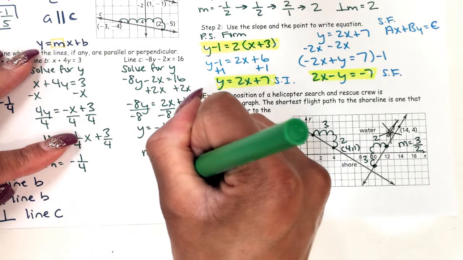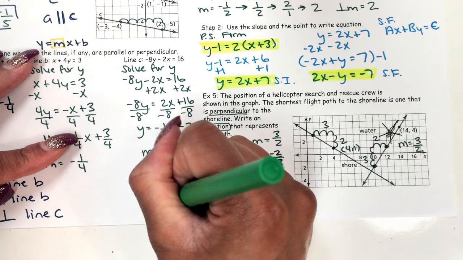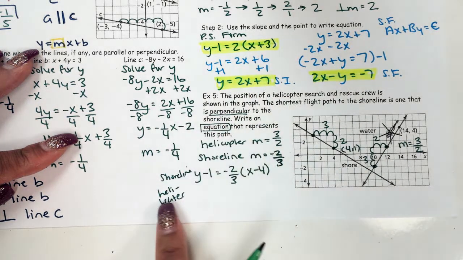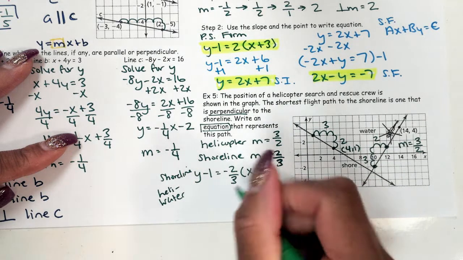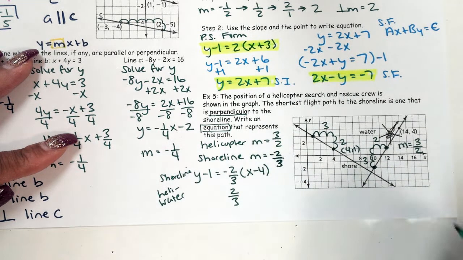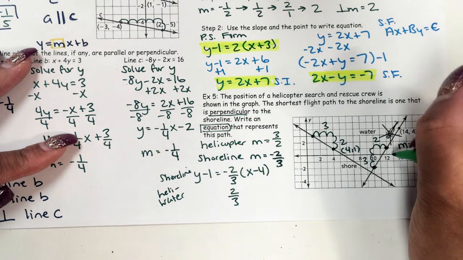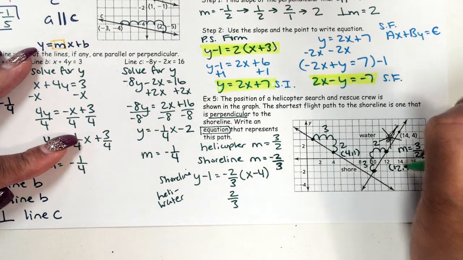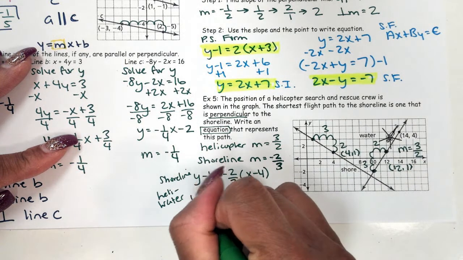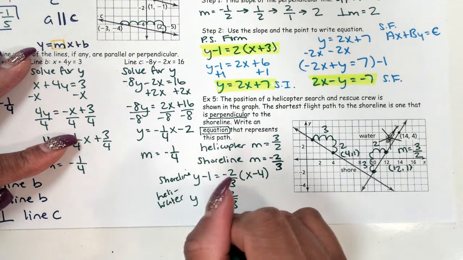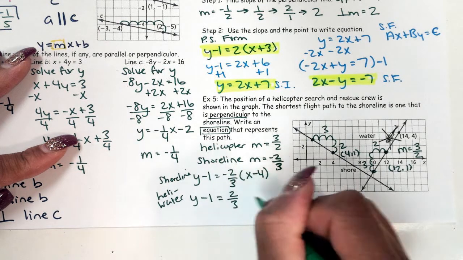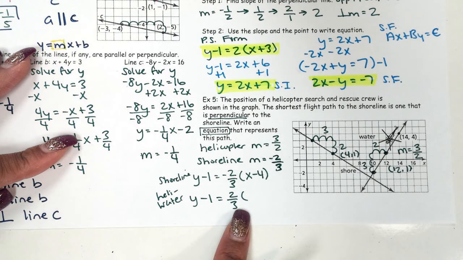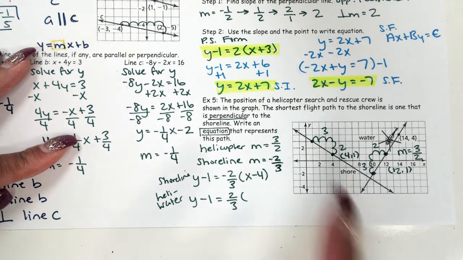Then let's do the same thing for the helicopter and its path. Let's pick a new point, and let's pick that point to be (12, 1). So (12, 1) is right here that we picked. So we do y minus 1 equal to parentheses, 3 over 2 is our slope.